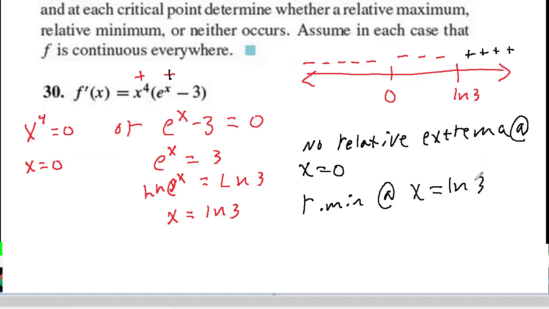If the back of the book calls for the y coordinate, then you substitute these numbers into your original function to get your y coordinate.